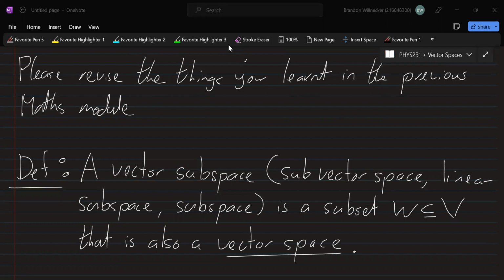Okay, so we take our original set V, so from our original vector space, we pick a particular subset of elements, and if that subset of elements forms its own vector space, okay, so like independently, it's its own vector space, then we call it a vector subspace. Okay, so let's look at an example.